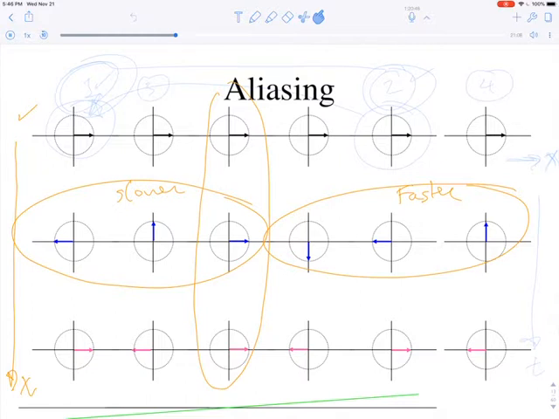Now let me ask you a question. Let's take a look at the spins in column 1, and let's call this column 2. What do you notice about the spins in columns 1 and 2? Anything?